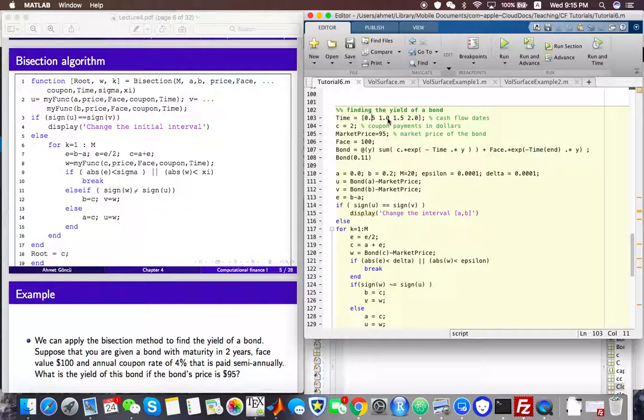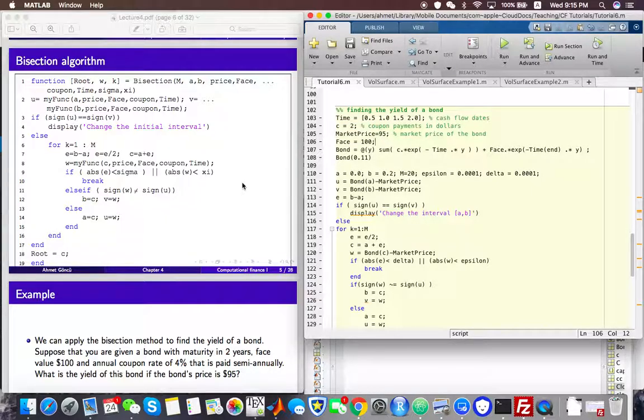I have my regular coupon payments every 6 months, and the maturity is 2 years. So the first vector I write is the vector of payment times, the cash flow dates. Then we have the coupon payments, which are going to be $2 every 6 months. So this is how much I'm going to receive. And then we have the market price of the bond and the face value of the bond.